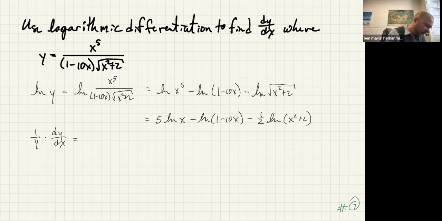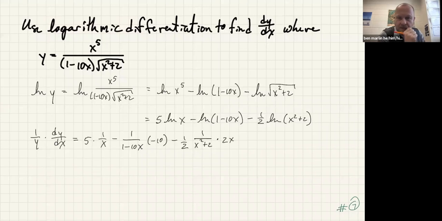So then this is equal to, we're differentiating the other stuff, 5 times 1 over x, and then minus 1 over 1 minus 10x, and then times the minus 10. And then minus 1/2 of, we take the derivative of the logarithm, so 1 over the x squared plus 2. And then the chain rule says we have to take the derivative of the x squared plus 2, and we put the 2x on the outside there, okay?